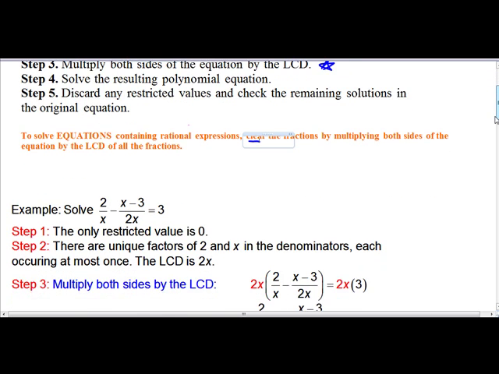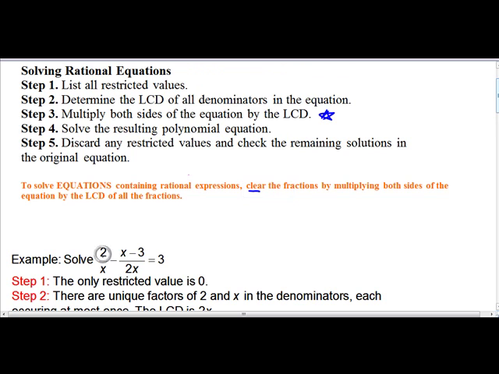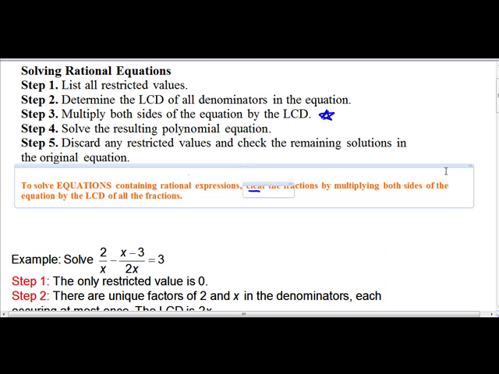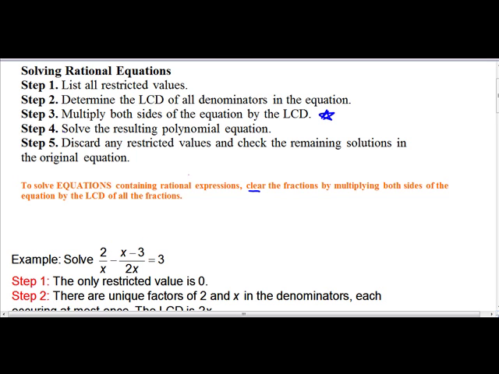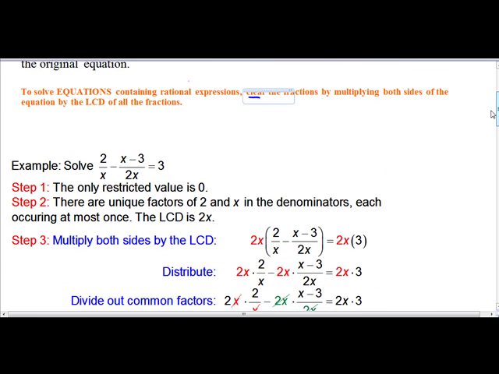So here's the example I have. This is a rational equation because it has an equal sign. To solve it, I'm using the steps that I mentioned earlier. Step 1, we need to determine the restricted value. I see the x here and 2x here.